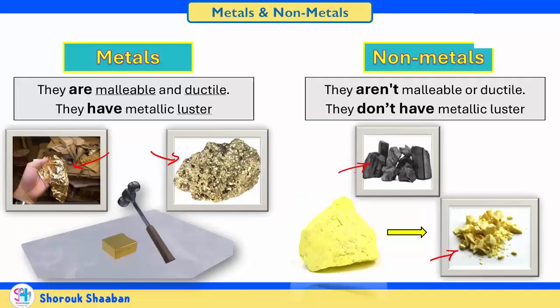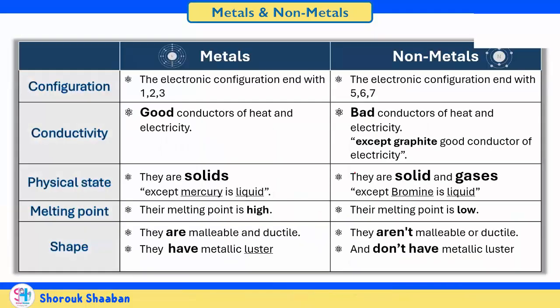Clear? Now let's summarize all these difference points here. About configuration, how can I know them? Metals have 1, 2, or 3 electrons in the outermost energy level. Non-metals have 5, 6, or 7 electrons in the outermost energy level.